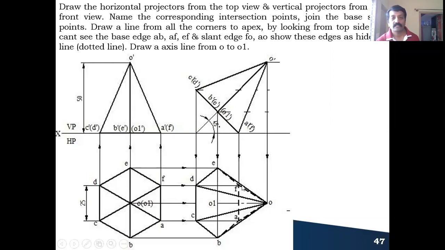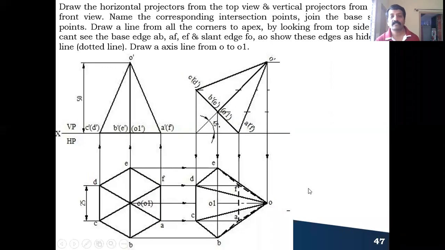You cannot see them from here. So that's why the slanted FO and AO you have to make hidden. Like this, from the sketch itself, you can judge which is the hidden edge and which is the visible edge. After this, you represent the axis line from O to O1.